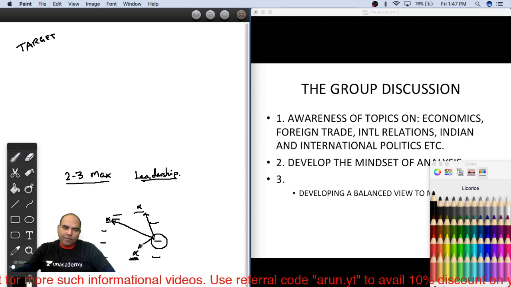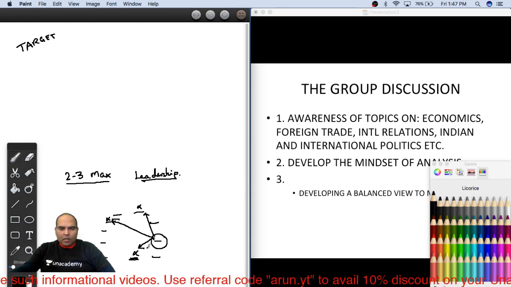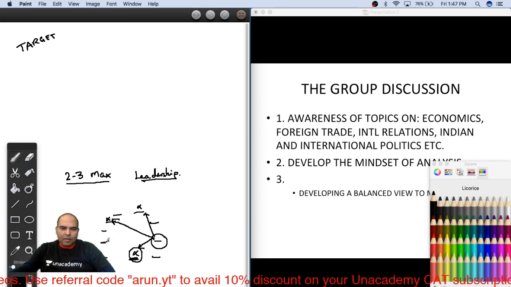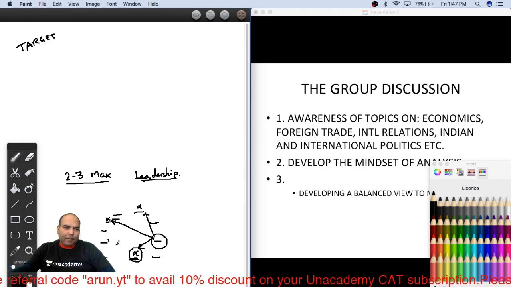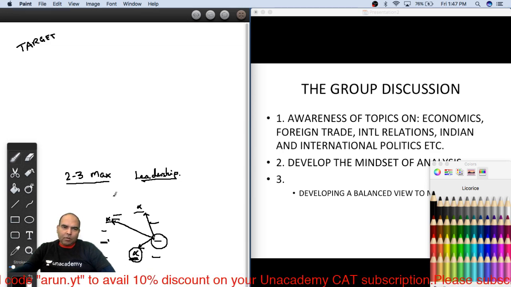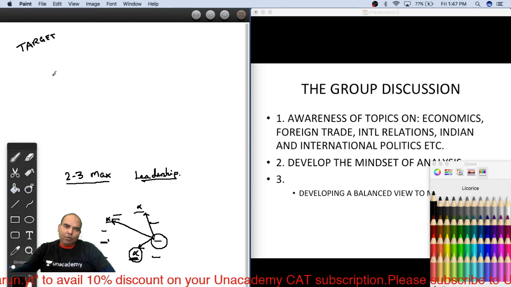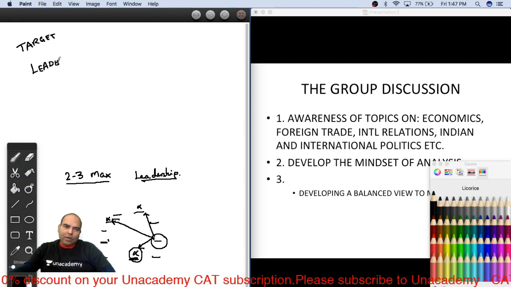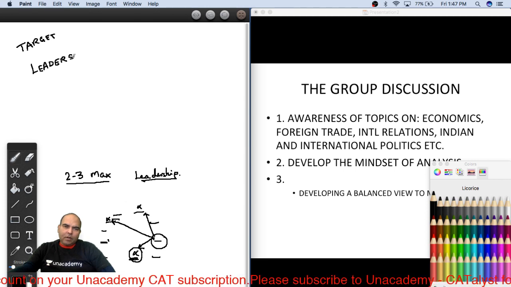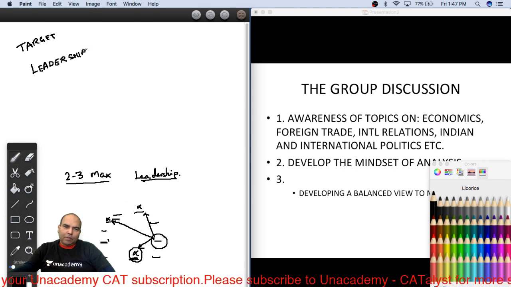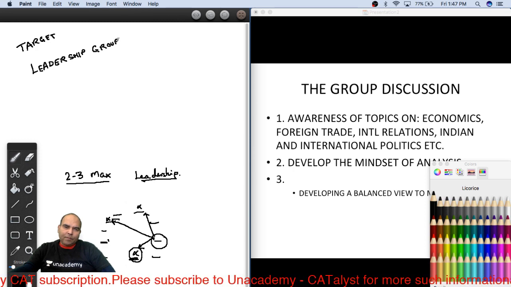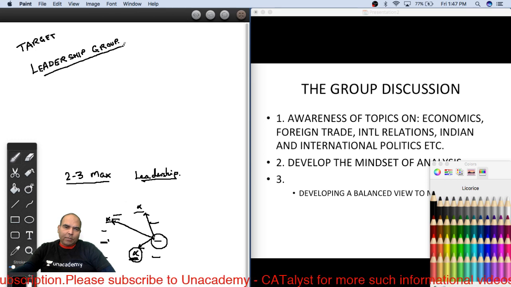There might be others who might not accept his leadership and might want to interrupt him, but then these people will shut them up if somebody tries to come against him. So your initial target has to be to join this leadership group. And as I said, it's not sufficient to be amongst the first couple of speakers. That would not be sufficient to join the leadership group.